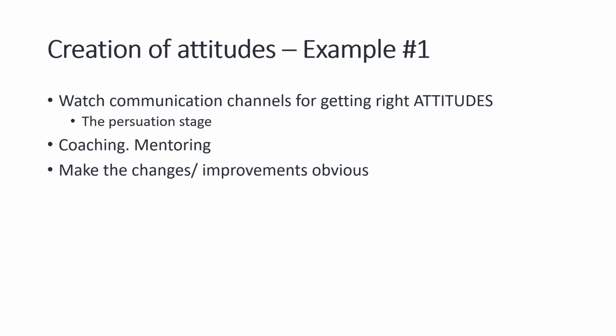Since the adoption process depends strongly on the local channels, especially at the beginning of implementation, the so-called persuasion stage, analyze the quality of the communication in order to support team morale.